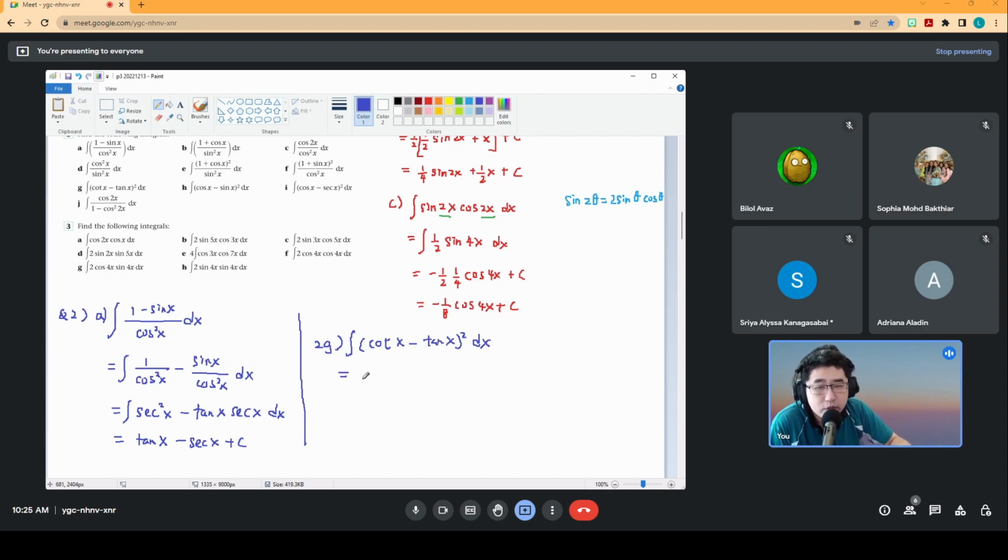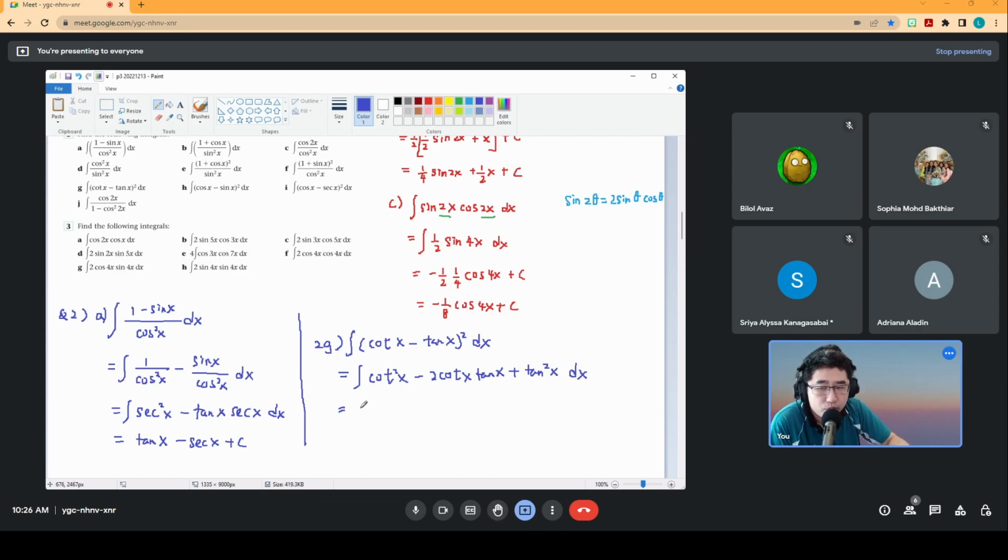Therefore, the very first thing that I need to do is expansion: a minus b squared. So I have a squared minus 2ab plus b squared.